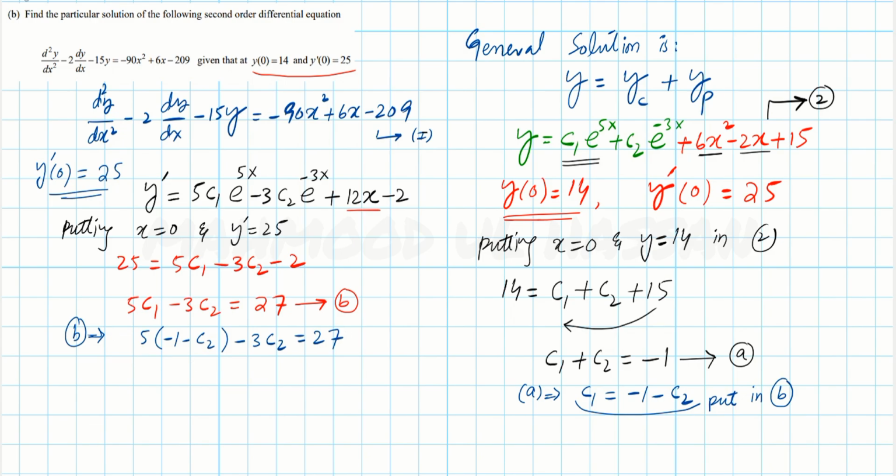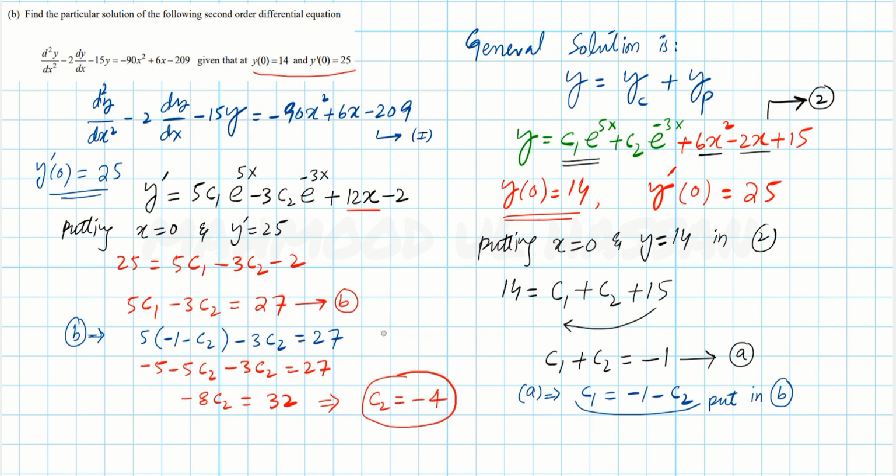Now simplify the left side of the equation, so that is minus 5 C2 minus 3 C2 is equal to 27. So now minus 5 C2 minus 3 C2 is going to be minus 8 C2, and shift minus 5 to the right side of the equation, so that would become 27 plus 5, that is 32. So here we get the value of C2, that is minus 4.